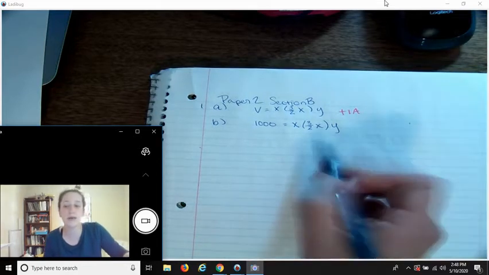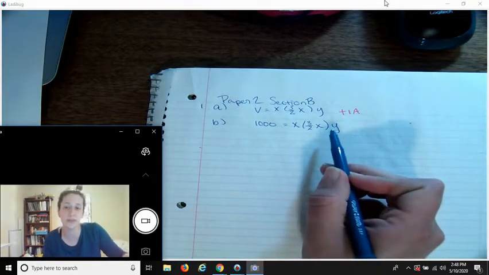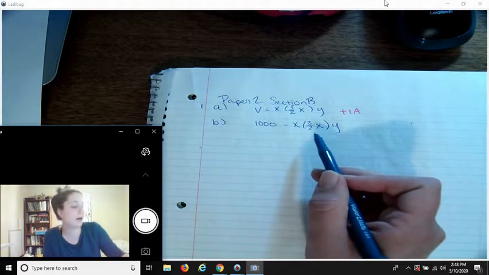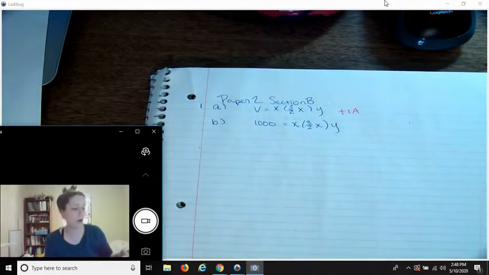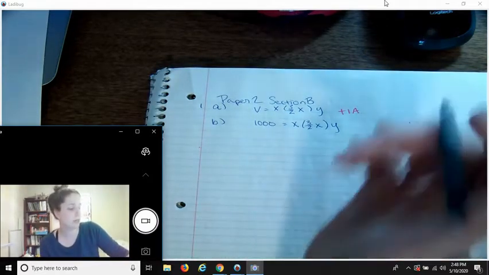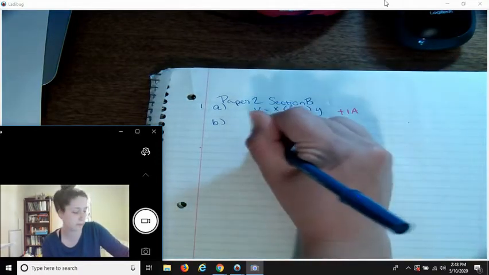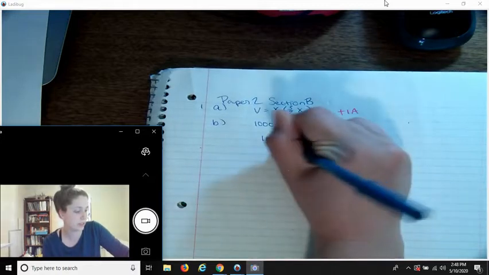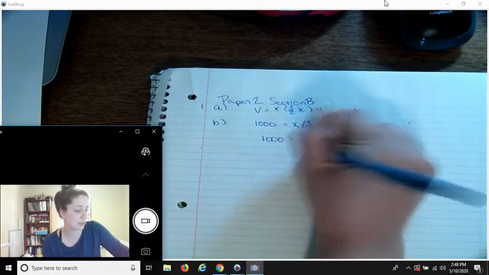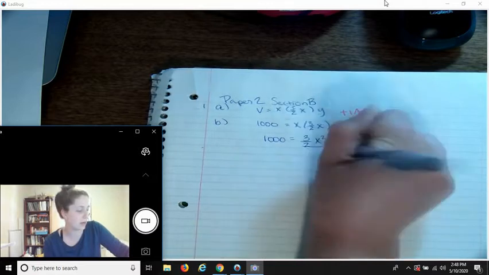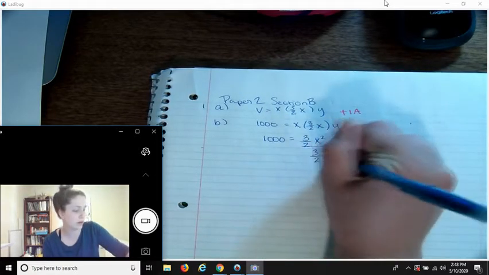So basically, when it says that, it's asking you to solve for y. So get all the x's on one side, y totally by itself. So all you would have to do is distribute this. So 1,000 equals 3/2 x squared y, then divide by 3/2 x squared.